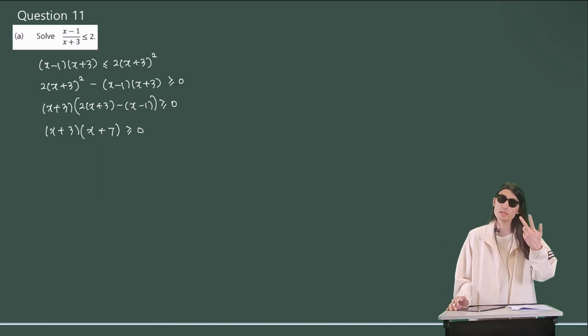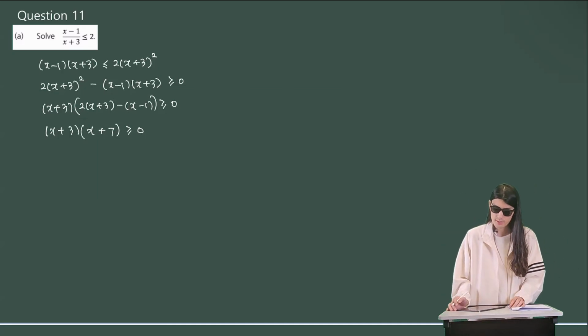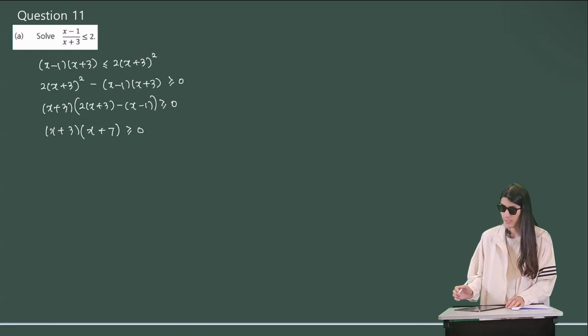Which you can solve graphically using the parabola with the equation x plus 3, x plus 7.